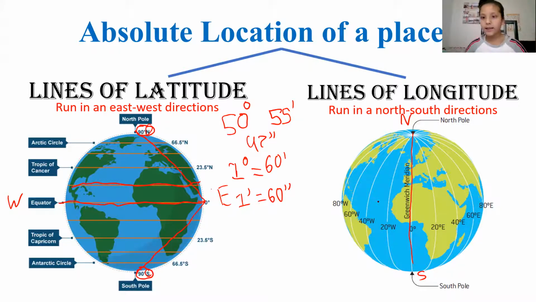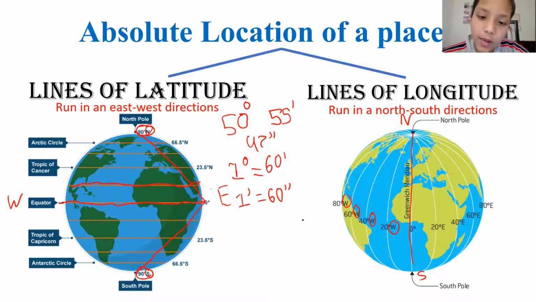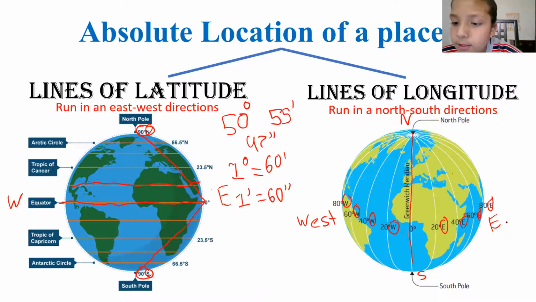On the left side of the prime meridian, you can see degrees and a W. The W stands for west. Now, on the right side of the prime meridian it says the degrees and then E. The E stands for east.